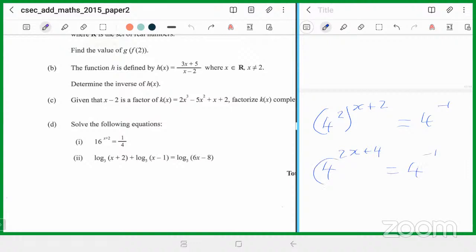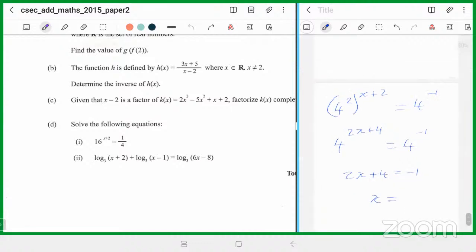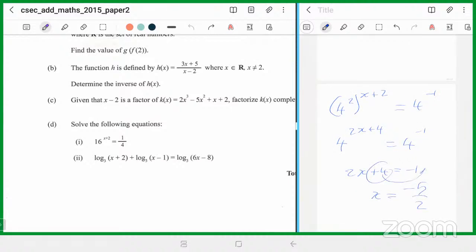And therefore, since the bases are the same, the powers must be equal. And so we have 2x plus 4 equals minus 1. Carrying this over, it becomes negative 5, and I divide by the 2. So that is it: x equals negative 5 over 2.